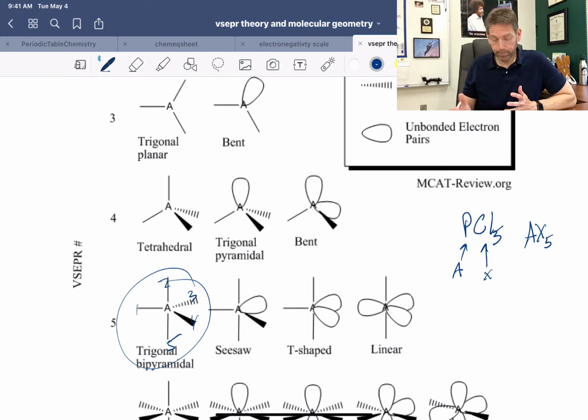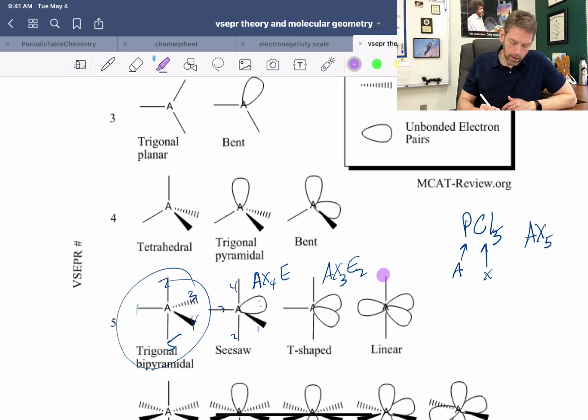Just a quick side note. If we were to look at seesaw, we can see that there's a central atom, correct? Then there's the 1, 2, 3, 4, so that's AX4, and then the lone pair is here, so that would be E. T-shaped would be AX3E2, and then linear, there is a linear because you can see that right there is the linear part of the bonding, right?